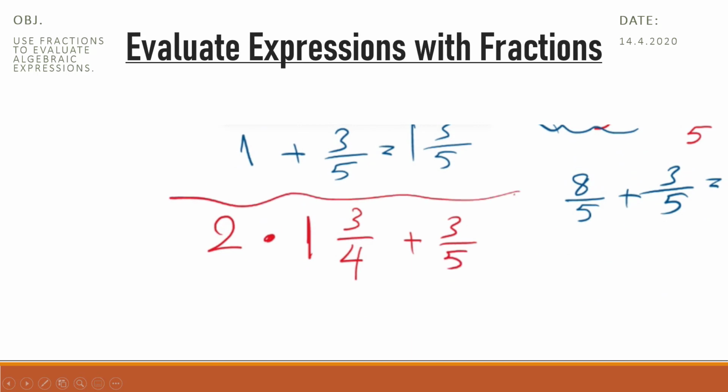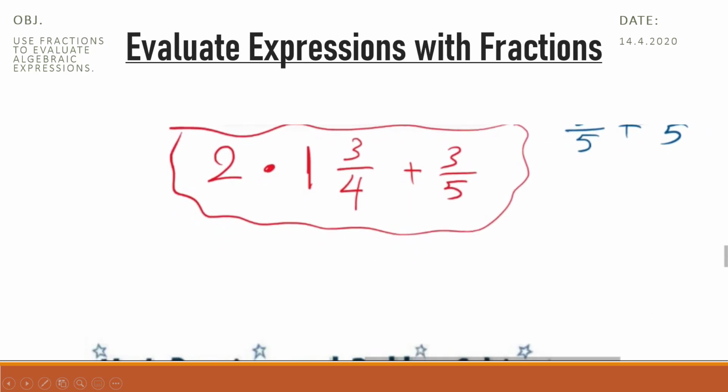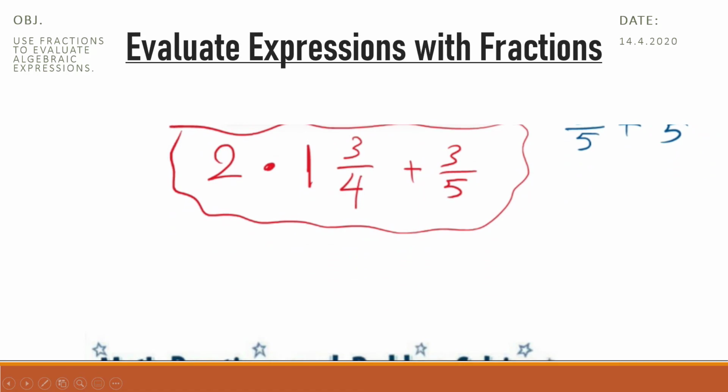So let's find this now. Start with multiplication first. So 2 multiplied by, yes, we have to convert. 4 multiplied by 1 is 4, plus 3, 7, plus 3/5.